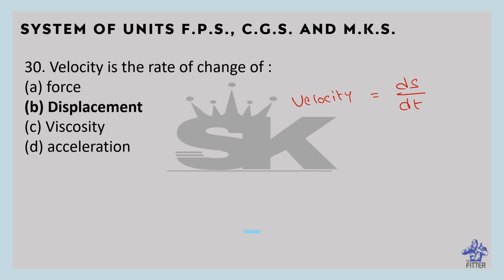Acceleration is the rate of change of velocity. I'm writing down: acceleration is equal to rate of change of velocity. So a equals dv by dt.